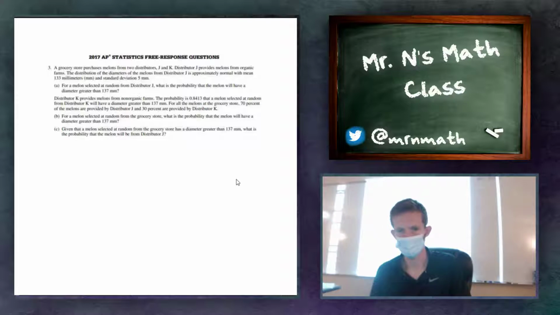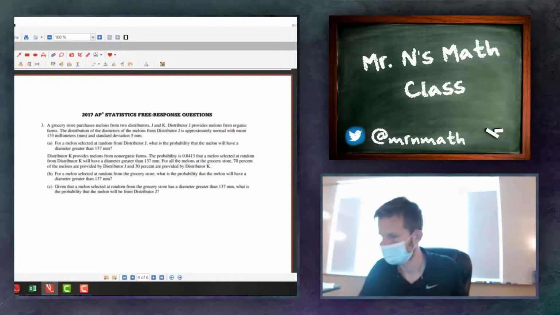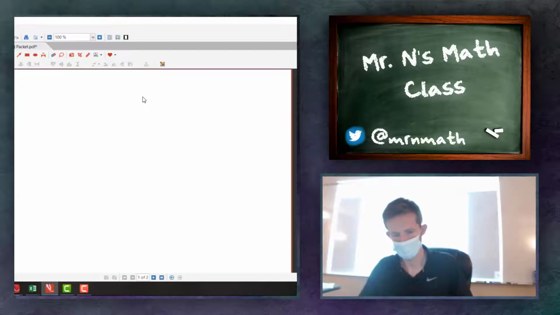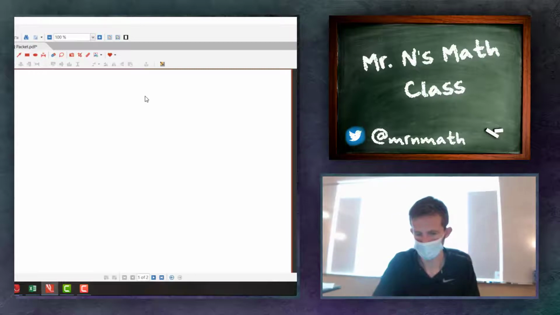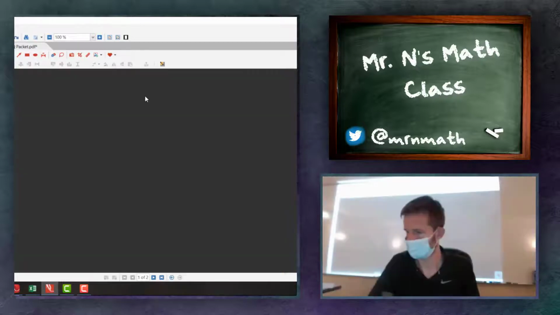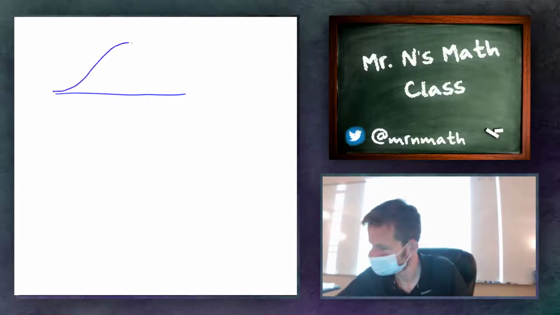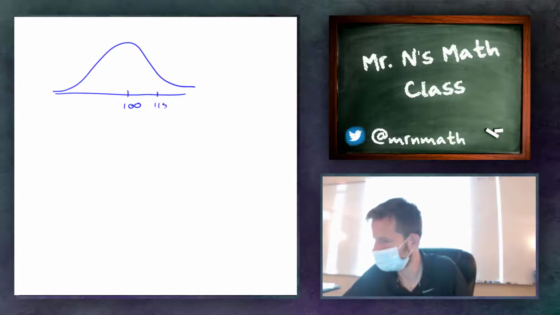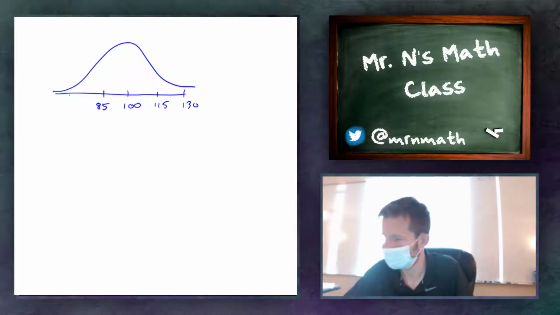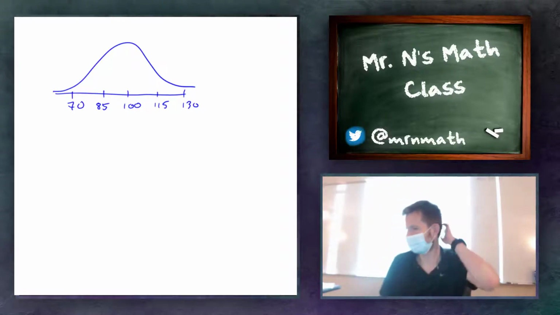Let's look at z-scores. So 100, 115, 130, 85, 70.